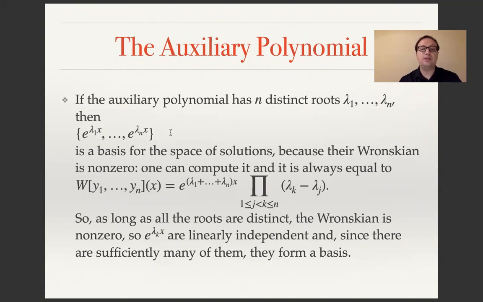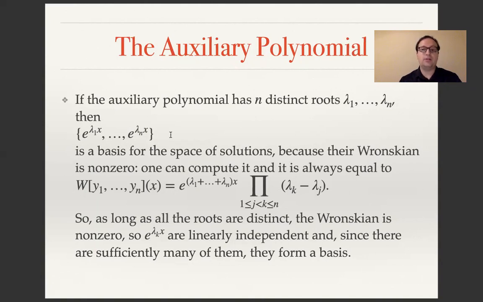So now if it has n distinct roots, it turns out that these roots give rise to a basis for the space of solutions. So if lambda 1 up to lambda n are the roots, then e to the lambda 1 x up to e to the lambda n x are all solutions, and they are all linearly independent, and they form a basis for the space of solutions.